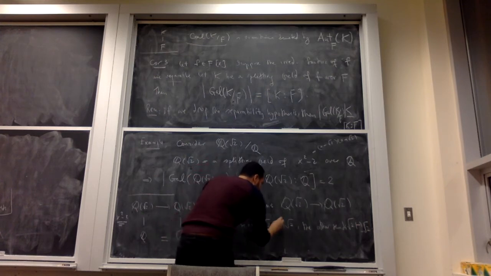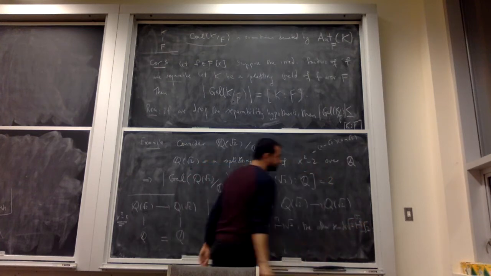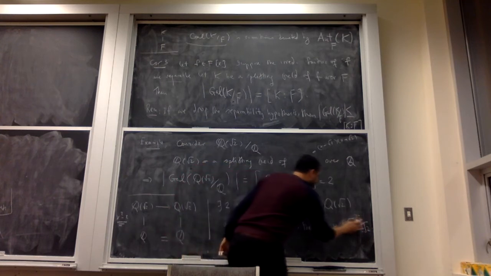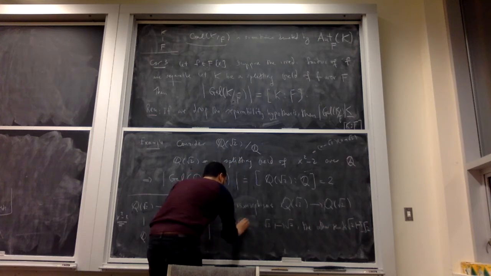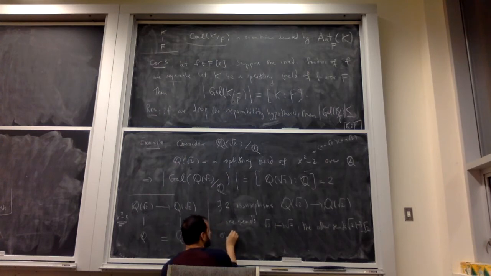This one I'm going to call sigma 1, and that one I'm going to call sigma 2. Sigma 1 being the one that sends root 2 to root 2.